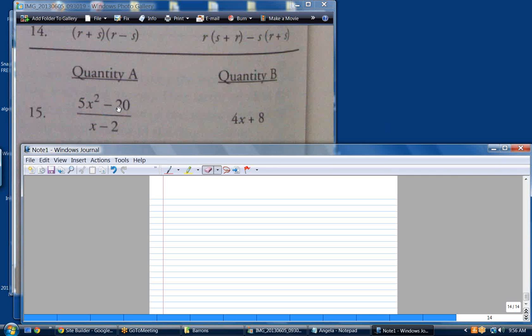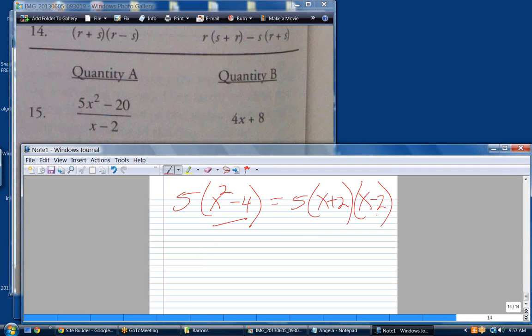Factor the numerator. Well, we can take 5. Yeah, x squared minus 4. Now I'm looking at what's on the screen. That's okay. And then factor it again, because now we're looking at the difference of squares. Right, x plus 2, x minus 2.